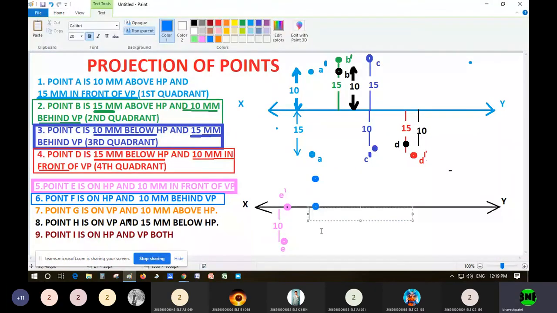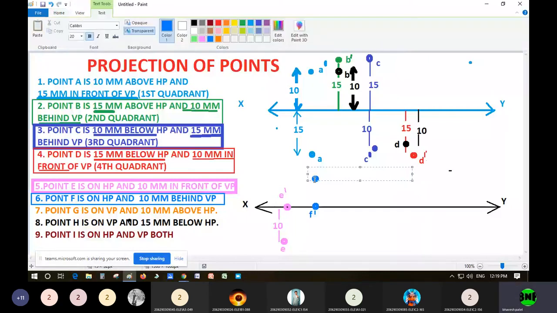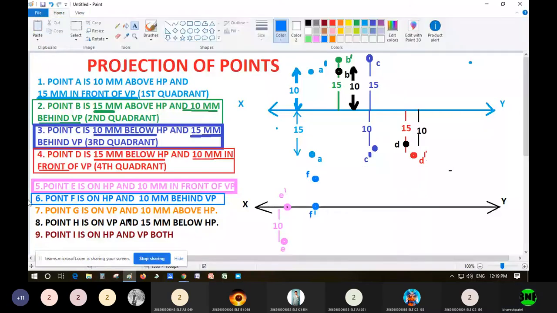And here it will be F. The distance will be 10 mm. Okay, so we have solved the sixth sum also.